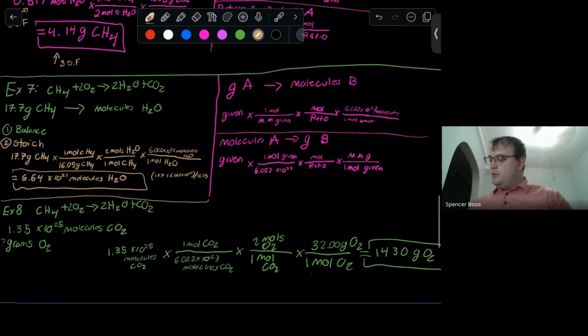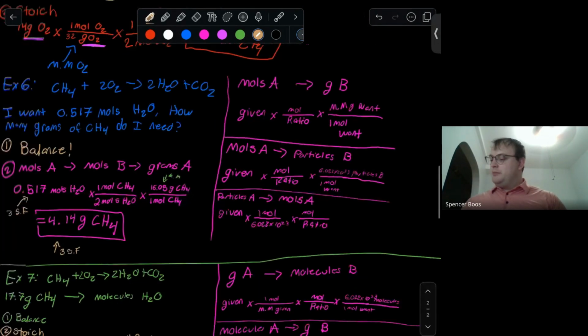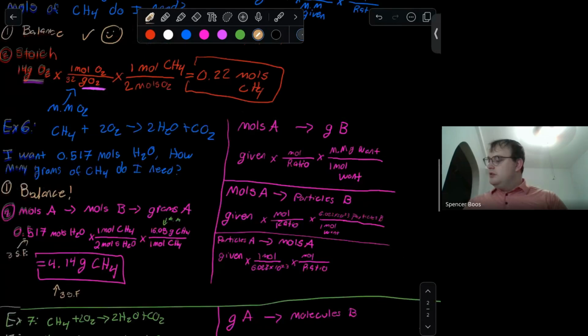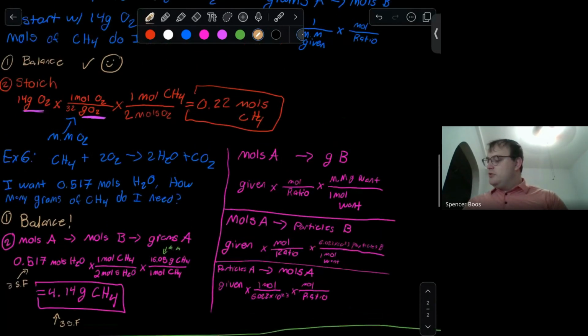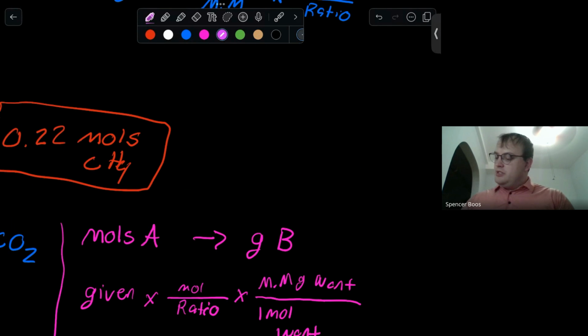All right, so we've done grams to molecules, molecules to grams, moles to particles, particles to moles, moles of A to grams of B. We can add this up here.